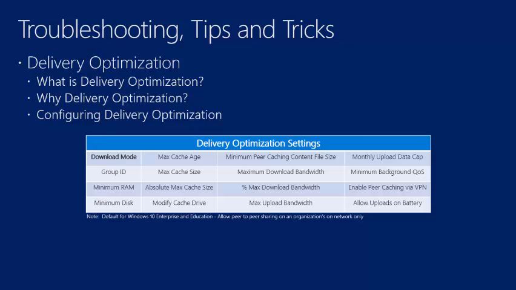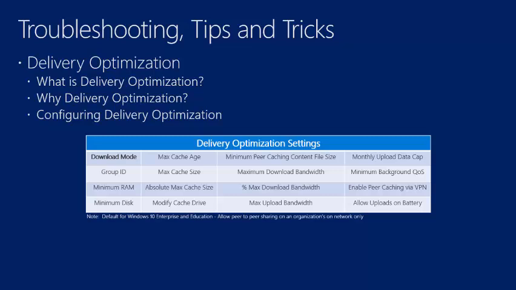The table I put together shows the different options that are available for you to configure delivery optimization to work the way you want it to, right? The one key setting above all the others is the download mode, which helps define how delivery optimization is going to work to download updates in your environment.